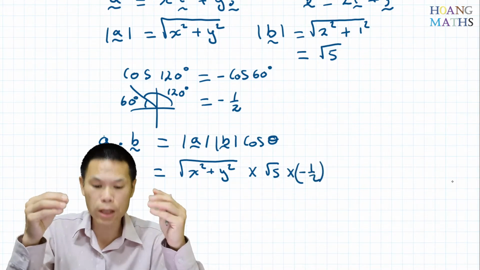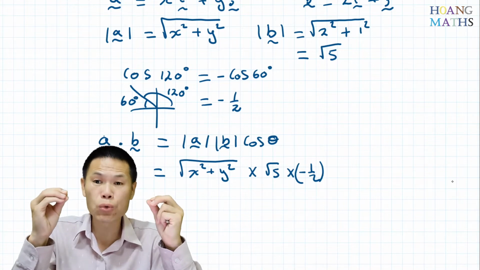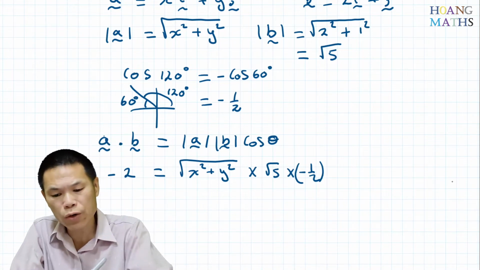So there you go. Let me multiply by negative 2 on both sides because I want to get rid of this negative half.